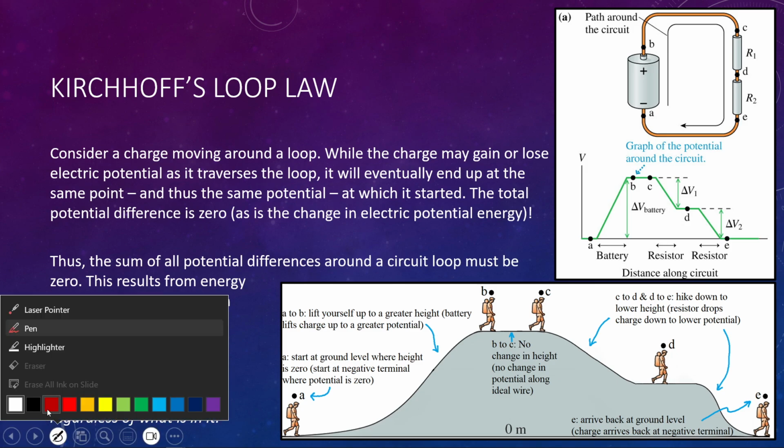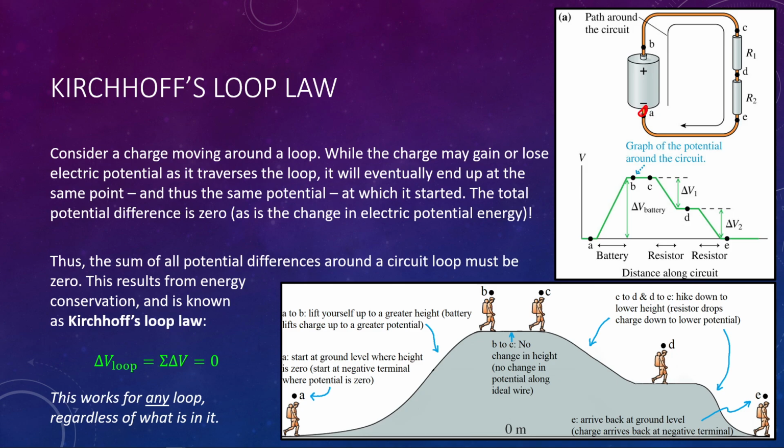Let's go through the circuit one more time. Bear with me. I think this is important. At least as someone who is a visual learner, I love analogies. Let's start at the negative terminal of our battery, the 0 point. In our analogy, that's point A. I've labeled the points here in this diagram as well. You're at the 0 point, 0 height. You're at ground level, right?